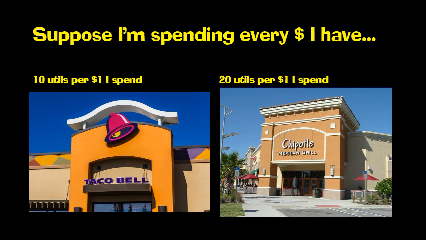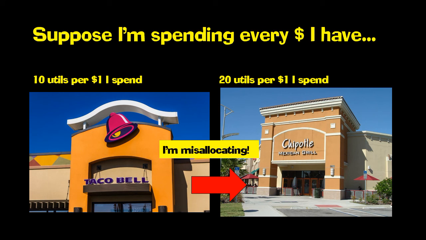And as I do that, I'll enjoy my less frequent visits to Taco Bell more. I'll enjoy my more frequent visits to Chipotle less. And we'll end up at a balance somewhere. All right? I'm misallocating my resources because I can take resources away from Taco Bell, move them to Chipotle, and be better off.